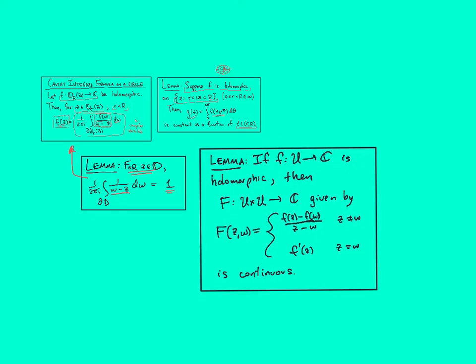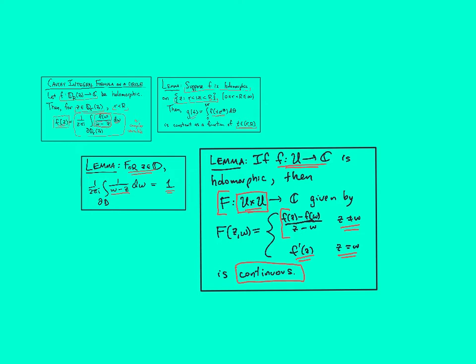If I have a holomorphic function on some open set or a domain, I'm going to define this difference quotient function, capital F, on U cross U, and it's given by little f's difference quotient, f of z minus f of w over z minus w when z is not w, but it's equal to the derivative when z equals w. And our claim is that this is a continuous function on the product set.